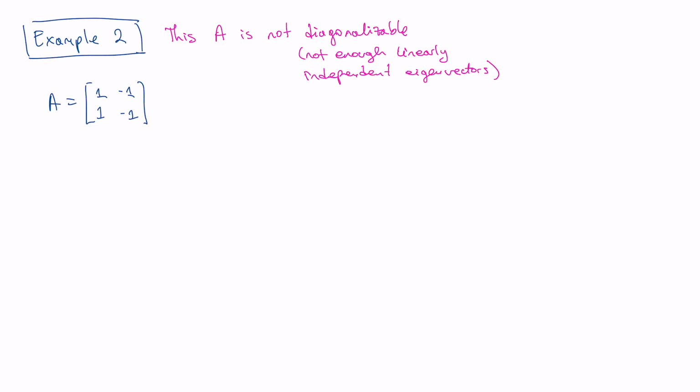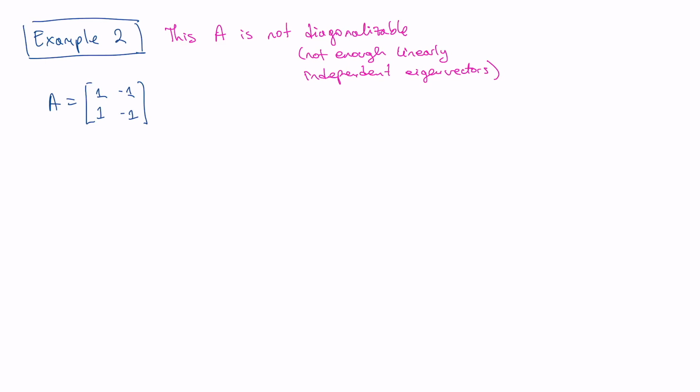So if your matrix is 2 by 2 and you have two different eigenvalues, then you will have two linearly independent eigenvectors. Eigenvectors that come from different eigenvalues are always linearly independent. We can prove that, but I just don't want to be bothered with the proof.